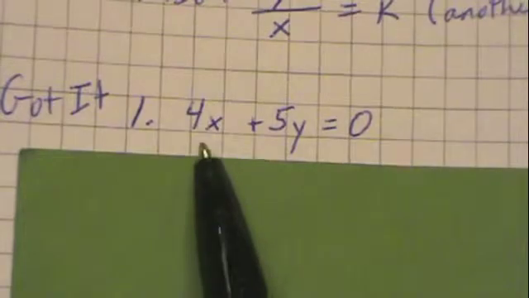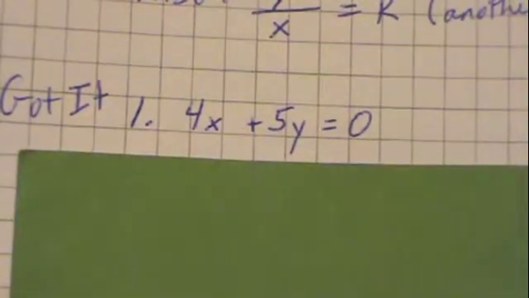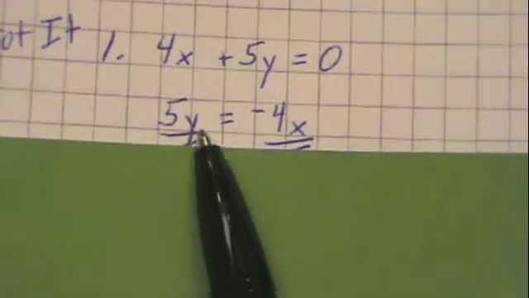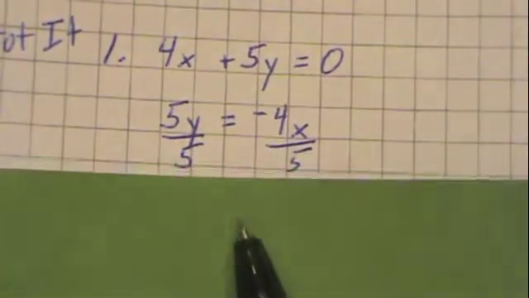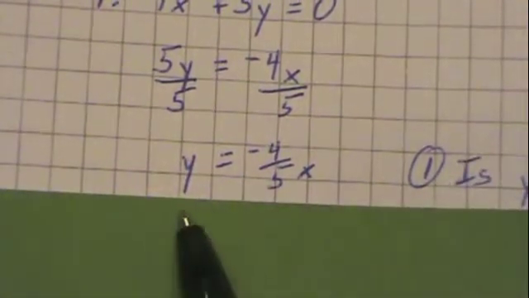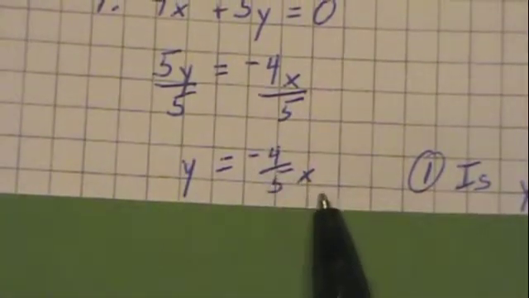So here's the equation they gave you, and you're trying to solve for y. So isolate it. First step, get the x term to the other side. Then divide by 5. You end up with y equals -4/5 x.